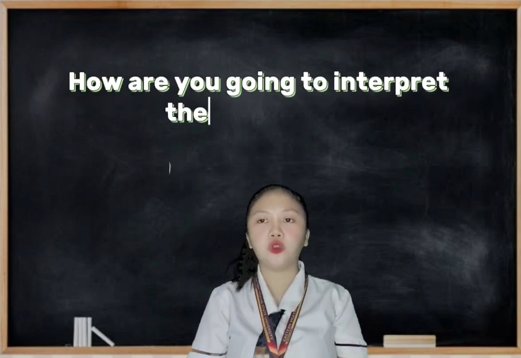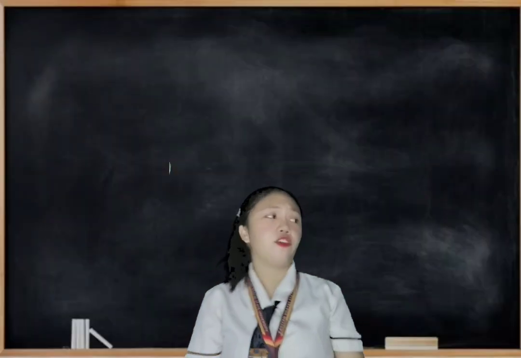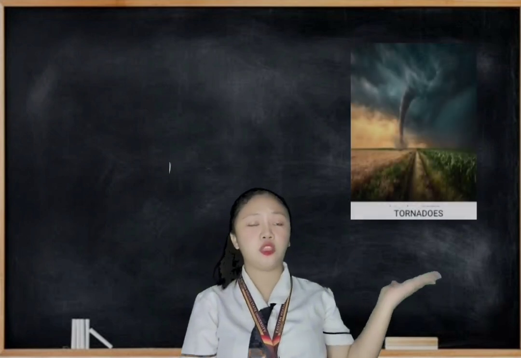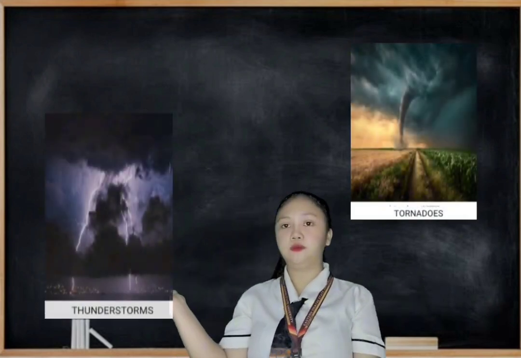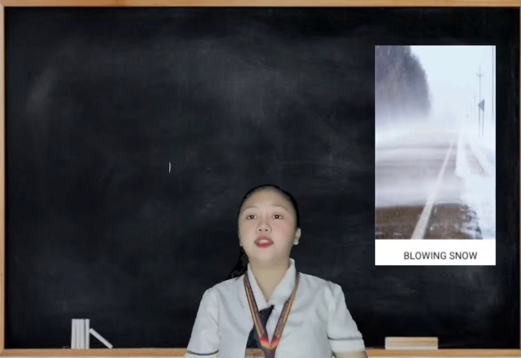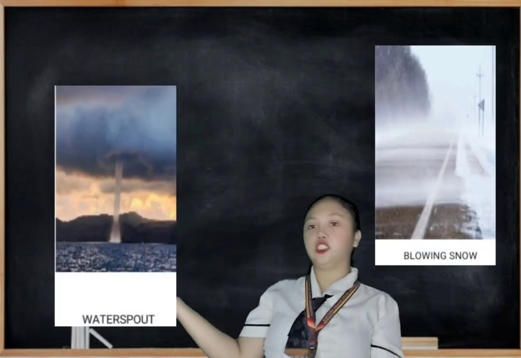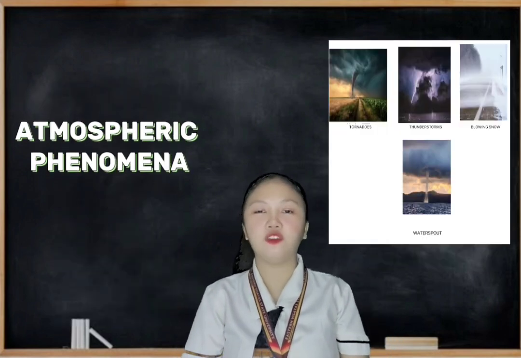How are you going to interpret the four pictures? Yes, the first picture shows the tornadoes. The second is thunderstorm. The third one is blowing snow. And lastly is the water spout. These pictures show the atmospheric phenomena.